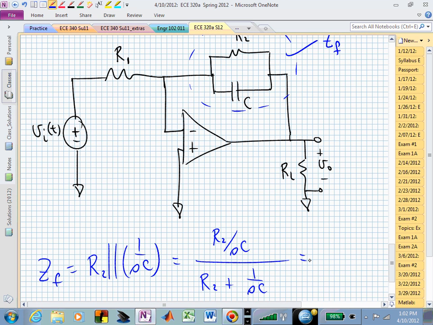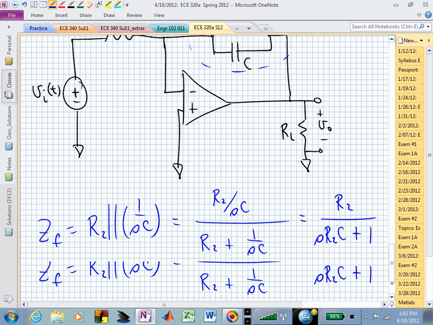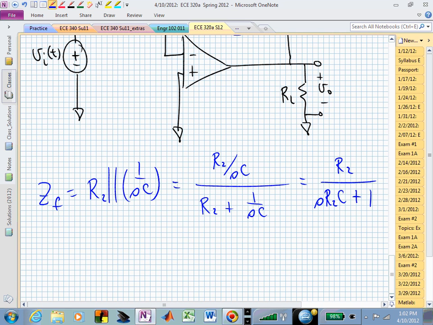If I find a common denominator in the numerator and a common denominator in the denominator, it's exactly the same. It's SC. Those two will cancel, and I will end up with R2 over S R sub 2 C plus 1. That's my feedback impedance expression.